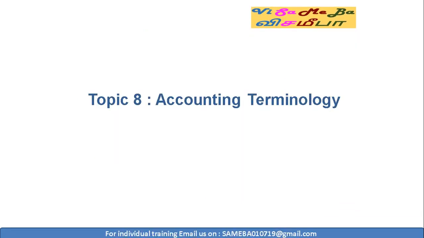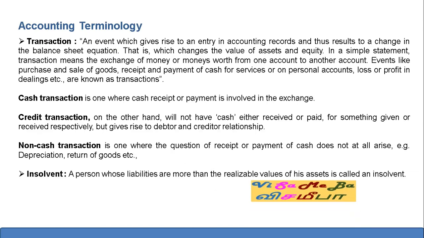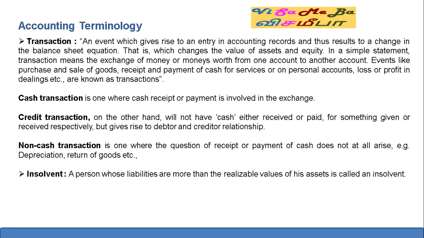Accounting terminology. These are some of the terminologies which we will be coming across when we are dealing with journals or accounting transactions. Transaction means the exchange of money or money's worth from one account to another.